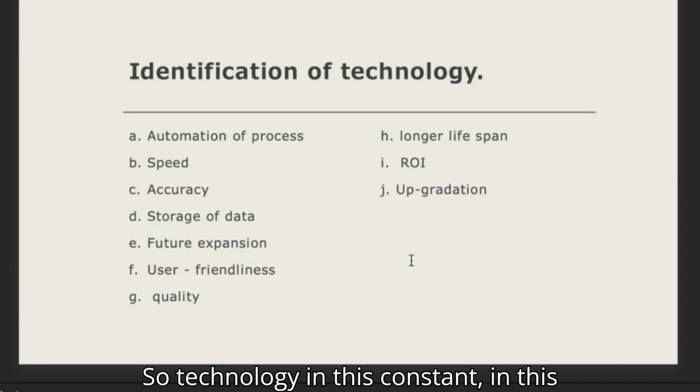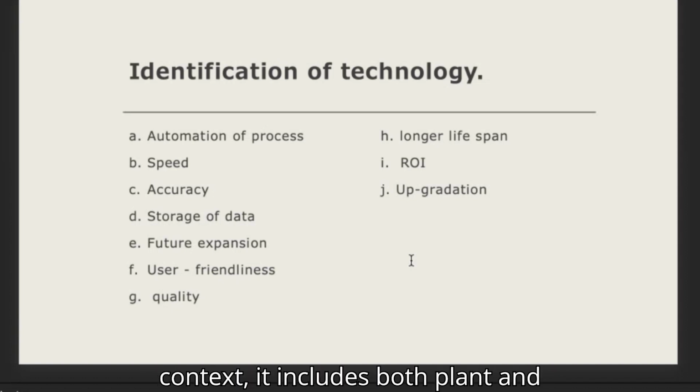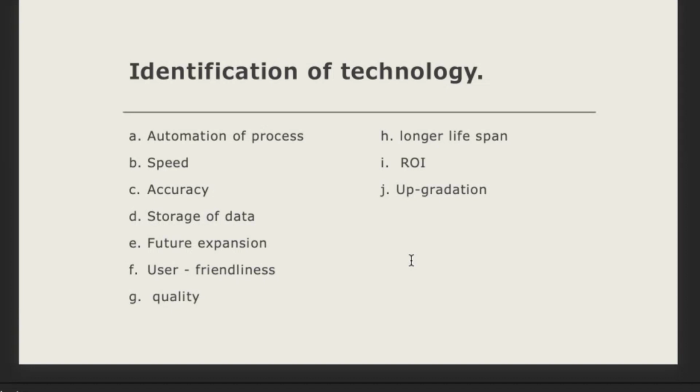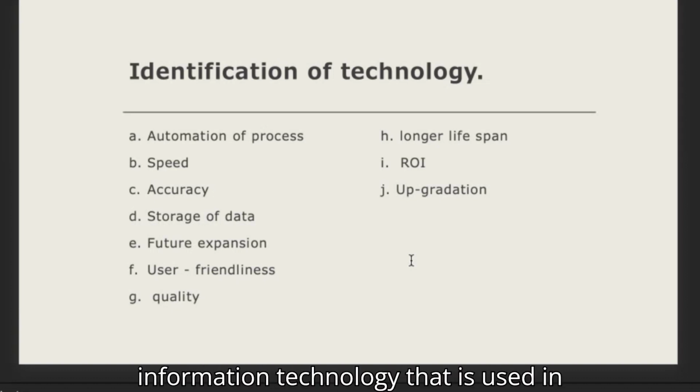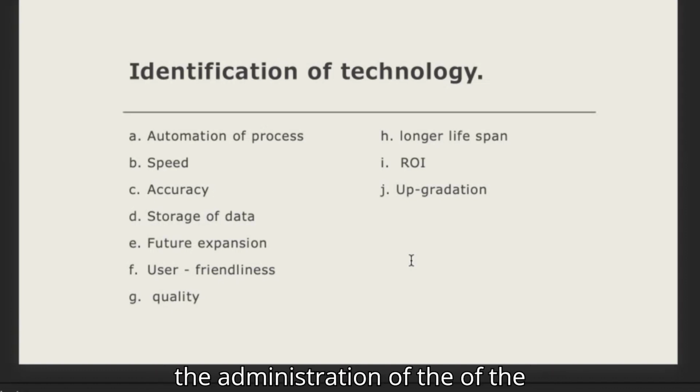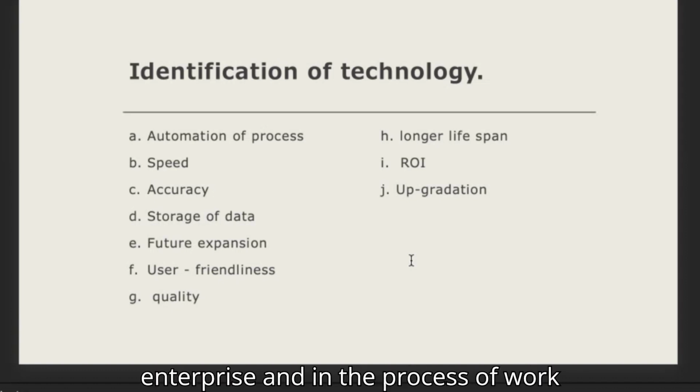So technology in this context includes both plant and machinery and the factory premises and the information technology that is used in the administration of the enterprise and in the process of work of the enterprise.